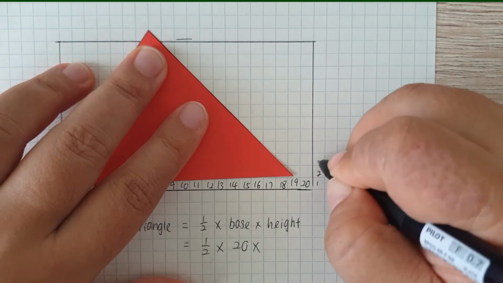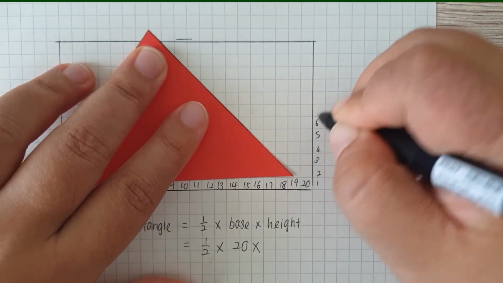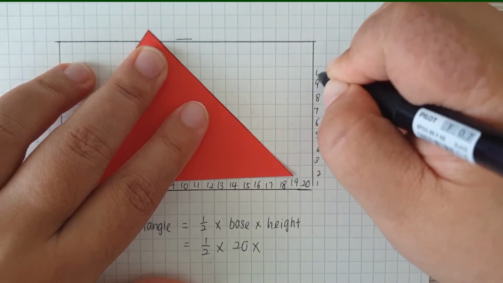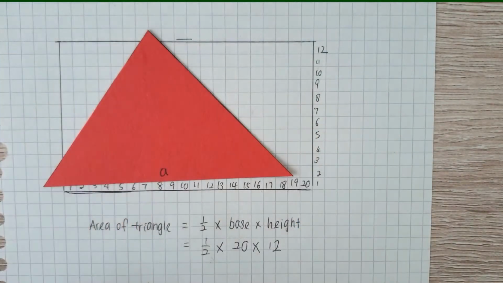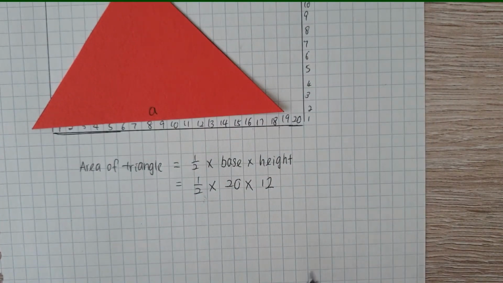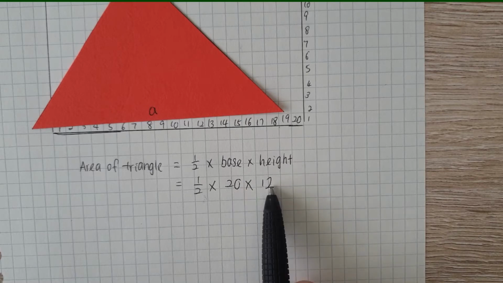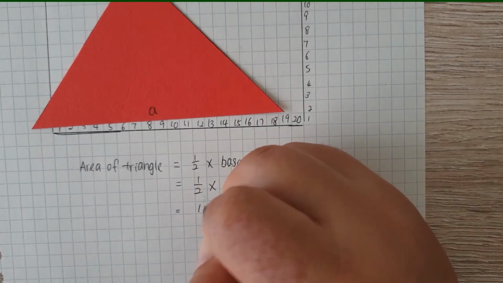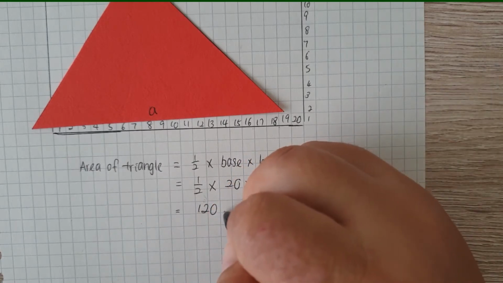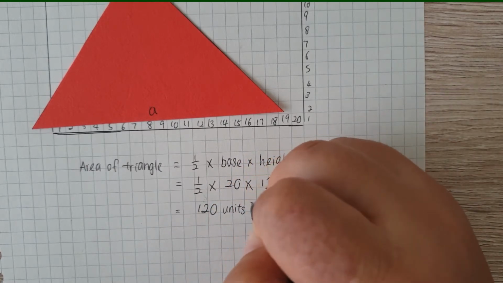Write it out. 12 units long. If I do my calculation, I will have 240 here, and I divide it by 2, I will be getting 120 units squared.